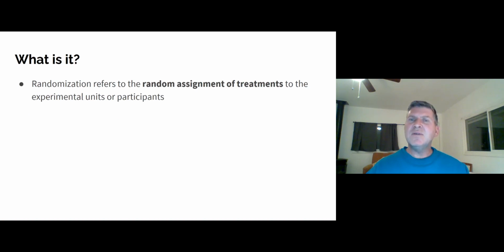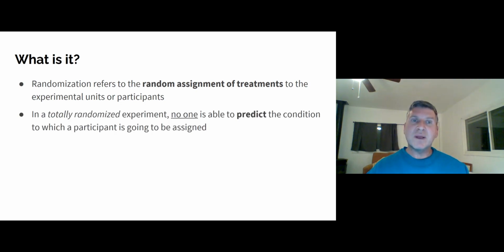It is the random assignment of treatments to the participants. In a totally randomized experiment, nobody is able to predict the condition to which a participant is going to be assigned. So this would be one in which even the investigators themselves won't know in advance. Flipping a coin certainly fits this because until the coin result is determined, the investigators aren't going to know whether they get the QWERTY or the Dvorak keyboard assigned.